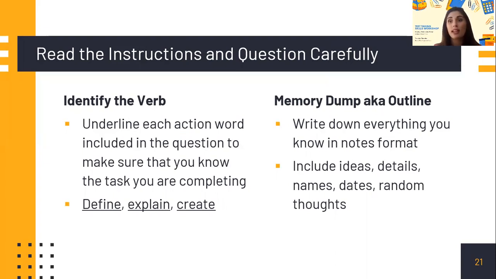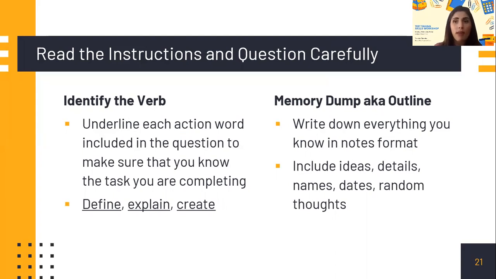And then something else that I will always recommend to my students is to perform something called a memory dump. And this could be a very unstructured or even a highly structured outline. Write down everything that you know about what you're being asked in notes format on the test. Now, this might be a little more difficult depending on how you're taking your test this semester due to everything being online.